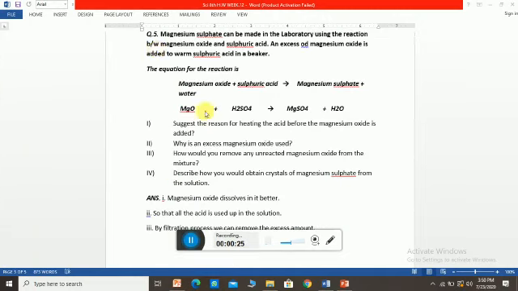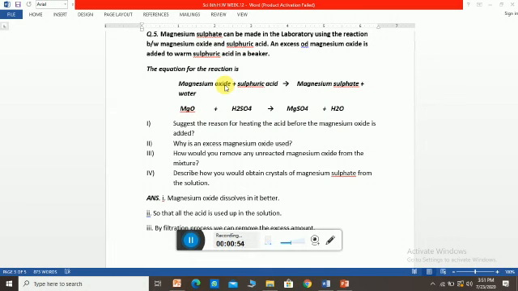Okay, magnesium sulfate can be made in the laboratory using the reaction between magnesium oxide and sulfuric acid. So here magnesium oxide and sulfuric acid react together. Magnesium oxide is MgO, sulfuric acid is H2SO4, and they give us magnesium sulfate, and at the end we get water as well during the chemical reaction.